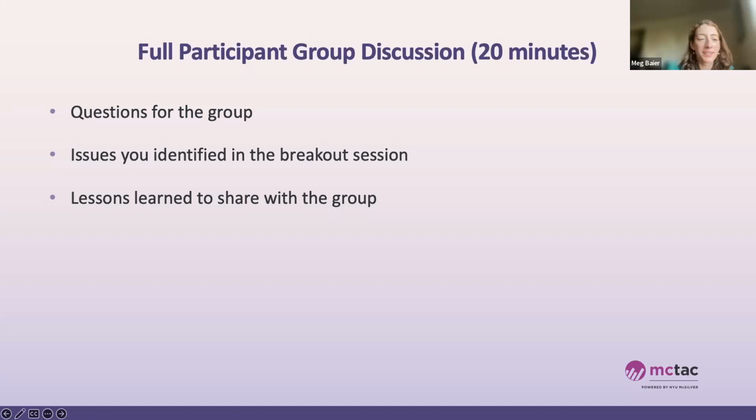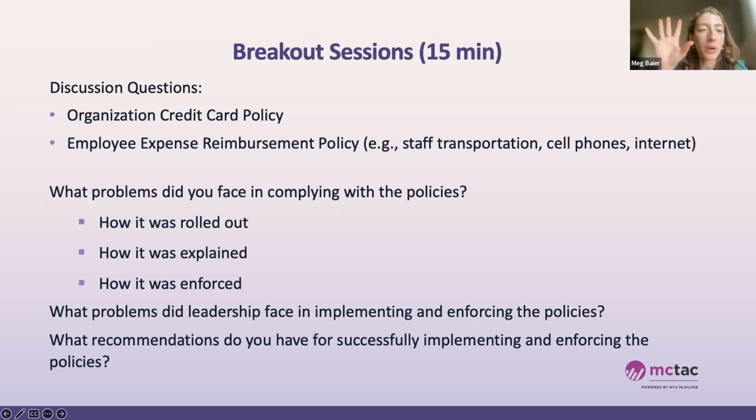Thanks, Roberta. This is Meg again. I'm going to go back to the last slide just so everyone can see the breakout session. Unfortunately, despite all of the technological savviness of Zoom, we have not found a way to embed this slide within each of the individual breakout rooms. So I took a screenshot, and I believe I just sent it. It should be in everyone's chat box right now.